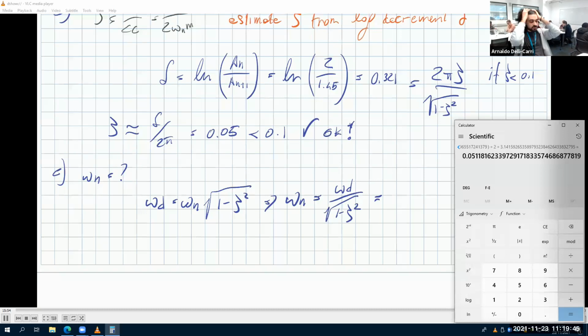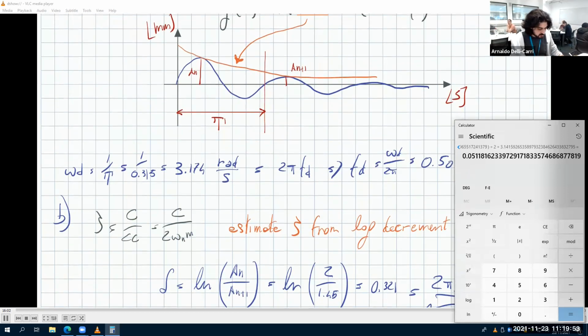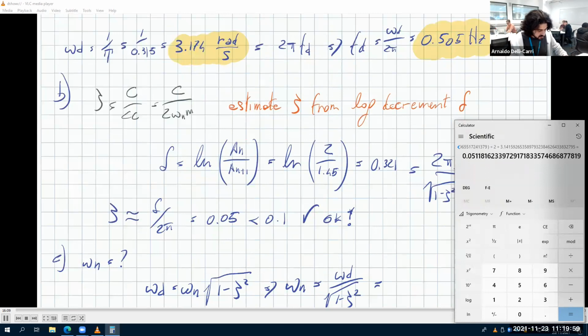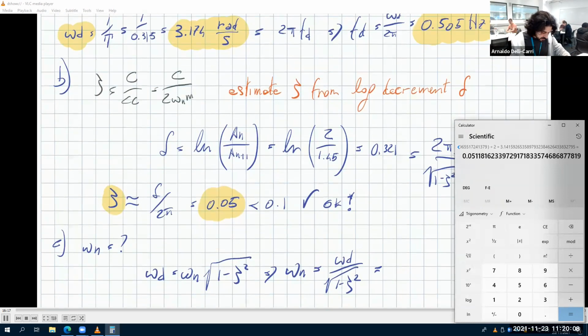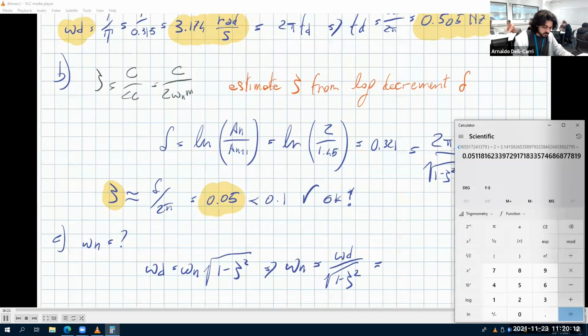So omega d is what we found, and for zeta, we found this. So 3.174 divided by the square root of 1 minus zeta squared.